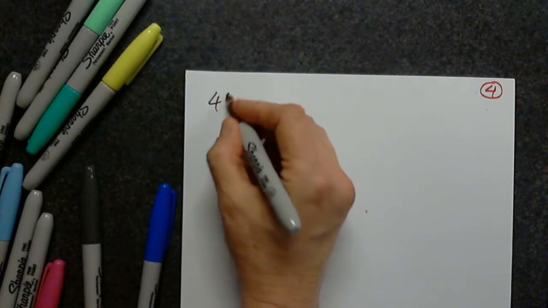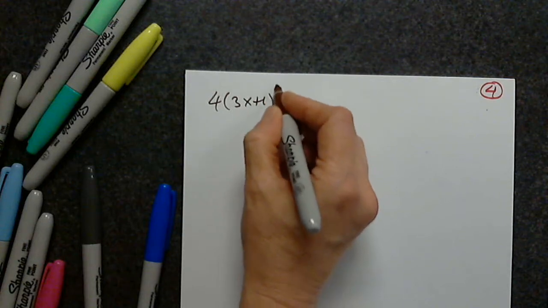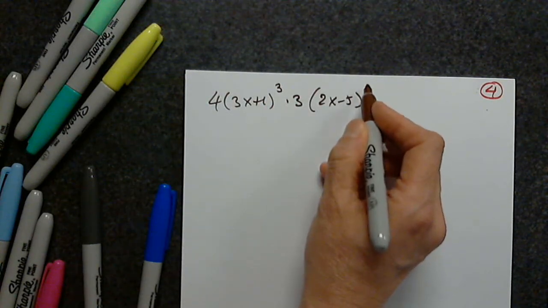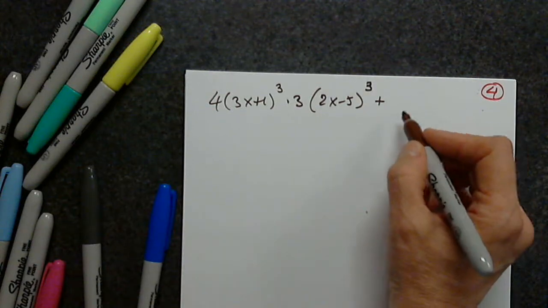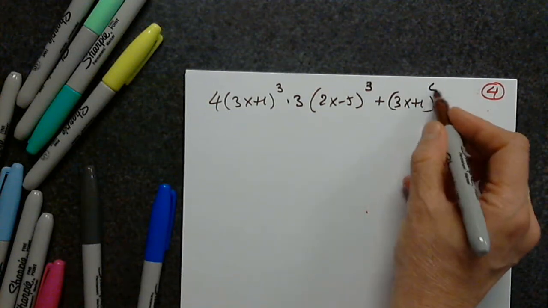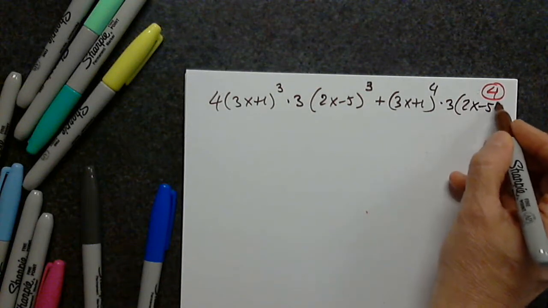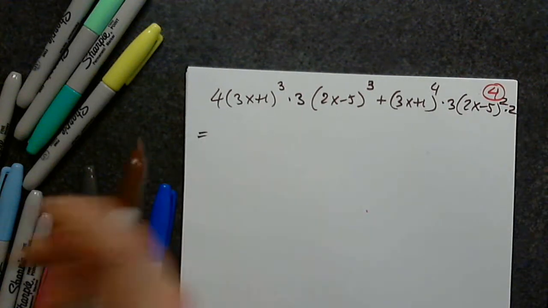Okay, so let's look at 4. So we have 4, 3x plus 1 to the third times 3 times 2x minus 5 to the third plus 3x plus 1 to the fourth times 3 times 2x minus 5 squared and times 2.